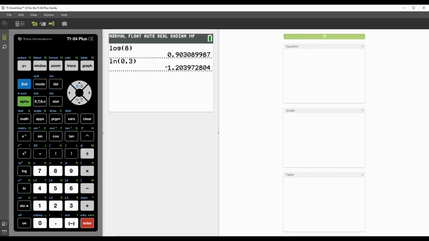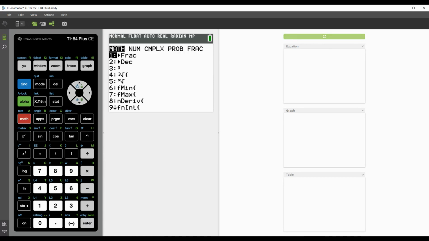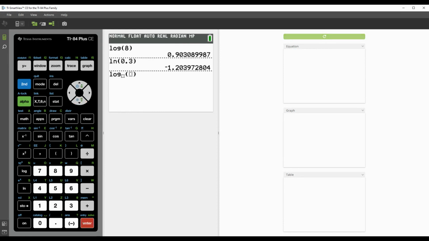Now, if you have a log of any different kind of base, you're going to want to go to Math, and you can't see it on this list, so it's way down there. It's after 9, 0, there it is at A. And look at that, it makes that perfect little logarithm notation for you. You can fill that in and get your answer that way.